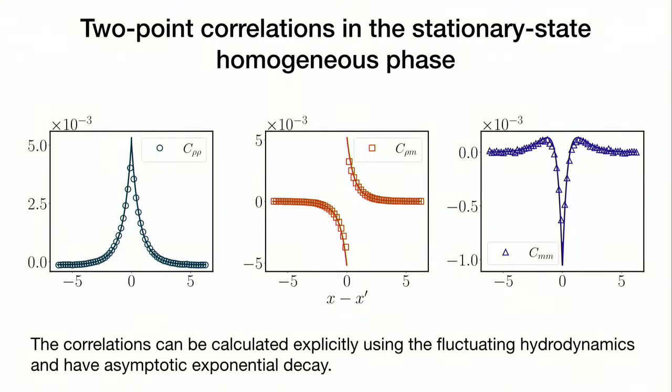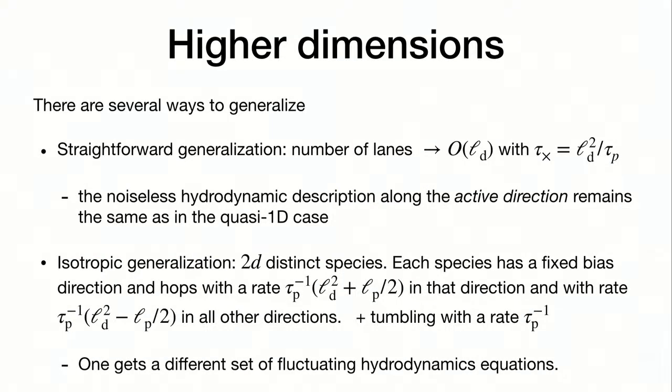I have not given you the analytical expression, but in the homogeneous regime you can find this expression exactly, and this basically has exponential decays. Okay, so higher dimensions: this model you can straightforwardly extend to higher dimensions.